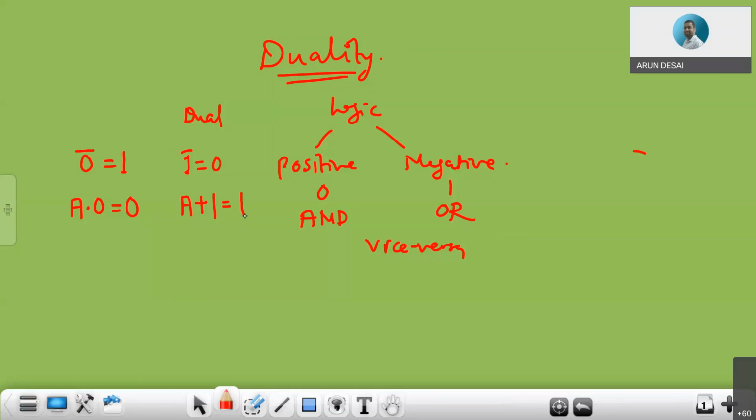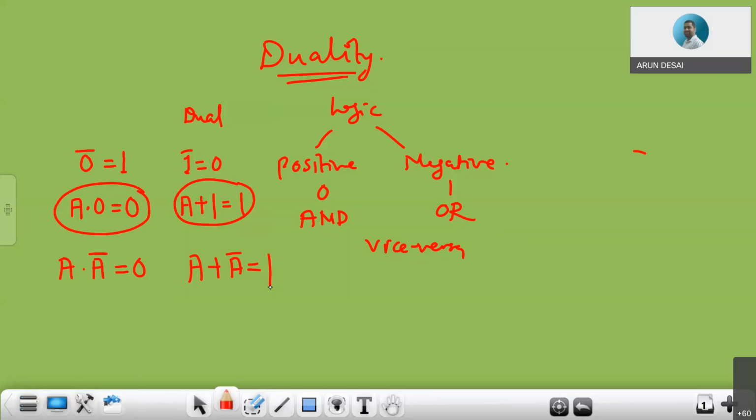So those two terms are equal in case of duality, right? If suppose A into A complement is 0, its dual is A plus A complement equal to 1, right? So this is how you are going to write a duality.